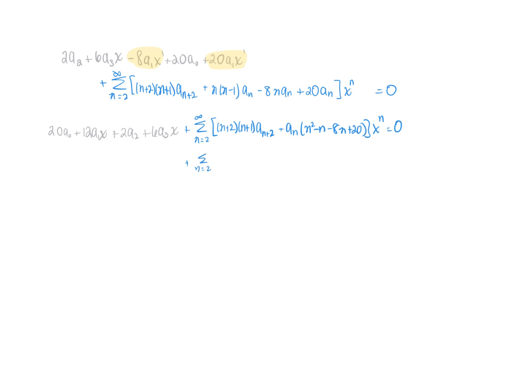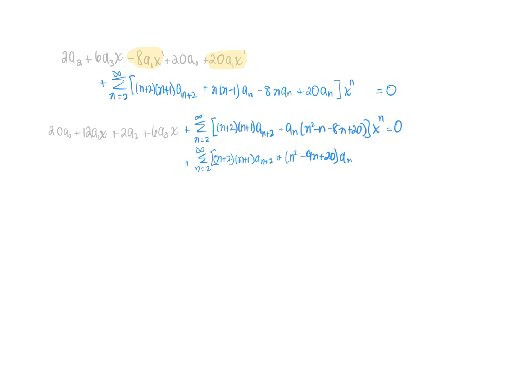And see if we can find a way to simplify some things. It still gives us n plus 2, n plus 1, a sub n plus 2, plus, oh, it's just n squared minus 9n plus 20, a sub n.